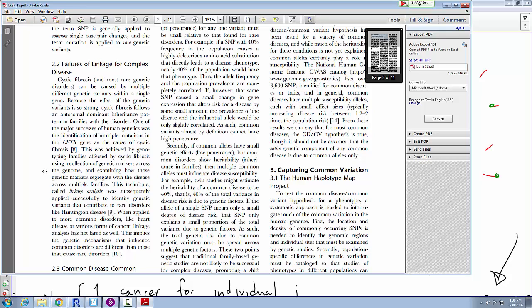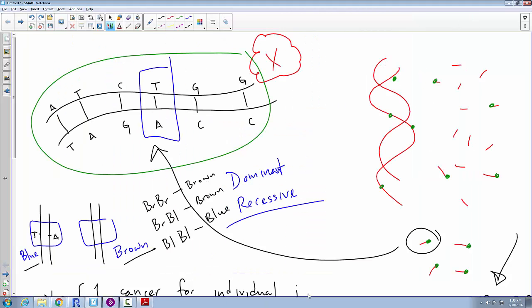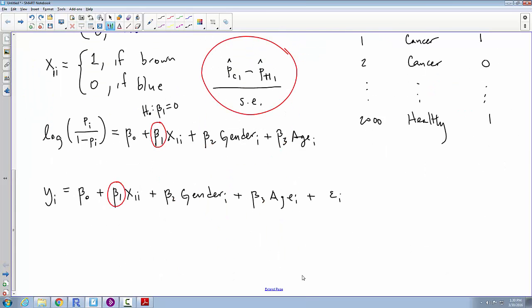So the comment here was that everything we've been saying is there's 2 possibilities for my SNP. You're either 1 or you're 0. There are contexts where there's more than 2 possibilities. In principle, that does not present any issues because you can always still do regression in that case.